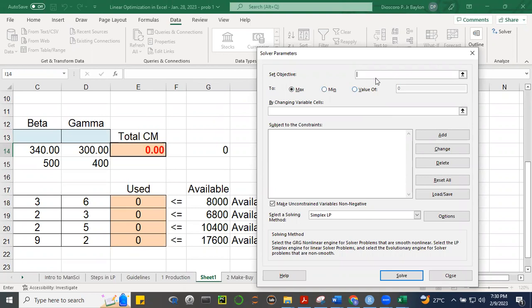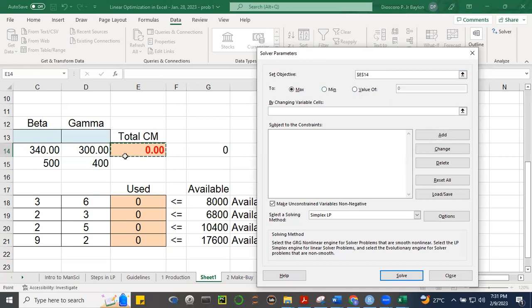For example, I want the objective, which is total CM, to have a value of, let's say, 1,000. So Excel will generate a solution where the contribution margin is 1,000. It's just like GoalSeek, I don't know if you have used it. But of course, Solver is much more powerful than GoalSeek because GoalSeek is quite simple in its formulation.